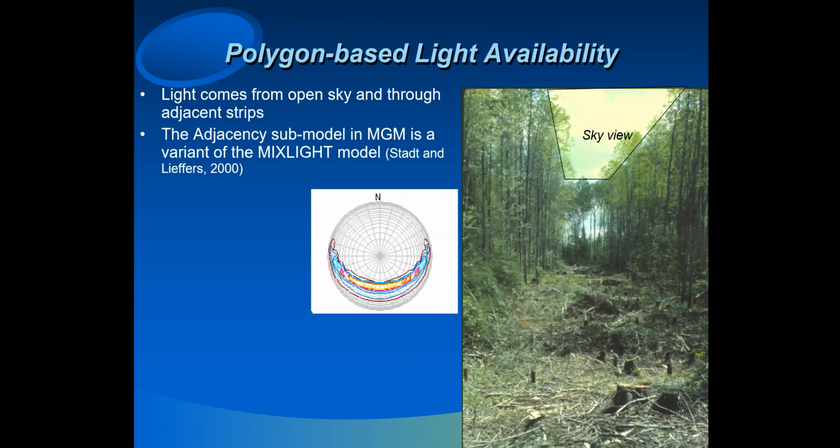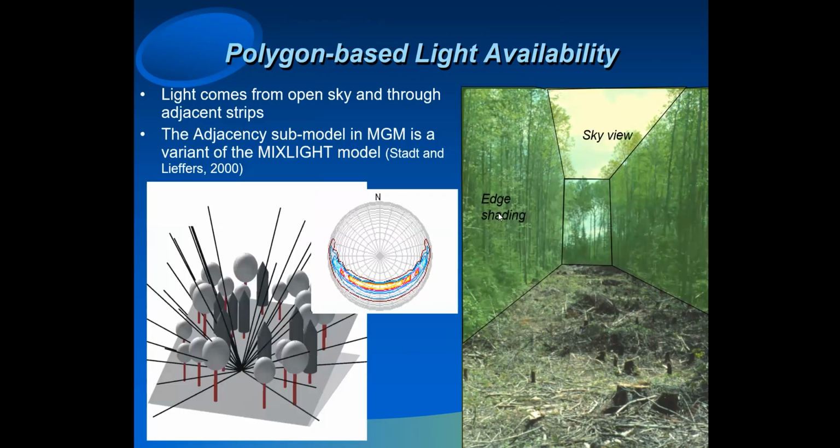It uses what's called mixed light, which was developed by Ken Stadt and Vic Lieffers, and it's an adaptation of this. I'm giving all the credit here to Ken for this.